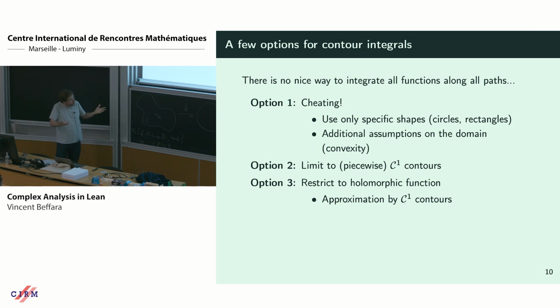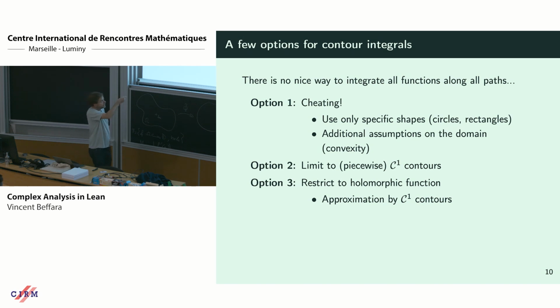And you show that this is invariant by deformation among C1 contours. So again, this is a computation using parametric integrals if you want, and using the holomorphicity of the function. It works, but again, it's a little bit messy to do it properly.